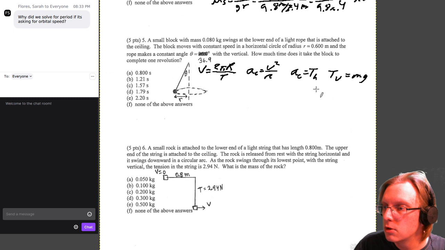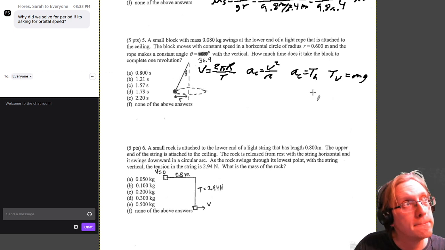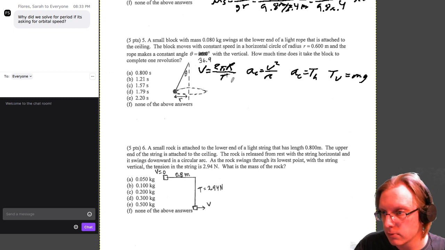Then this angle here needs to be a relationship between that and that one. So opposite and adjacent.